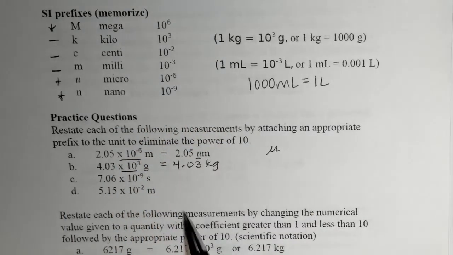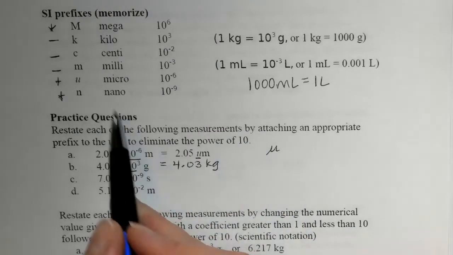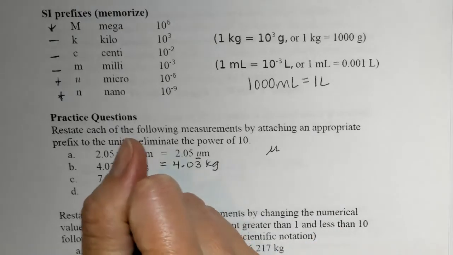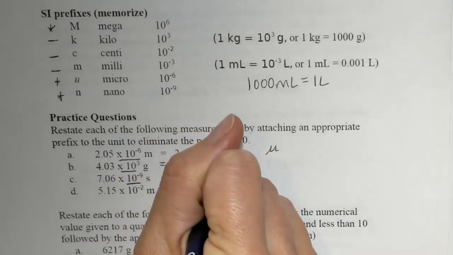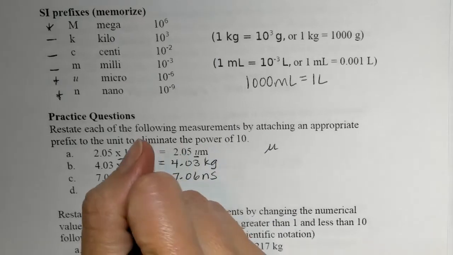All right, next one, 7.06 times 10 to the negative 9. I remember nano because like our prefixes in covalent compounds, the double N kind of sounds like it would be a 9. That's how I remembered it. It just seemed like it went together. So we have 7.06 nanoseconds for 10 to the negative 9. And then 10 to the negative 2 is the centi.